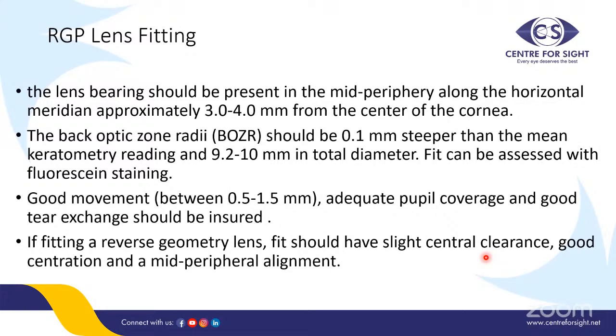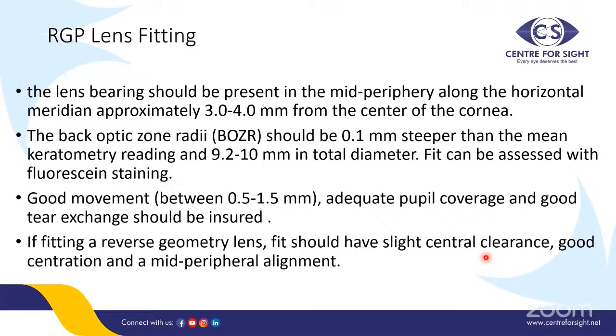The idea is that the lens bearing should be present in the mid periphery along the horizontal meridian, almost 3 to 4 mm from the center of the cornea. The back optic zone radius, the BOZR, should be 0.1 mm steeper than the mean keratometry reading, and the diameter should be large, 9.2 to 10 mm.